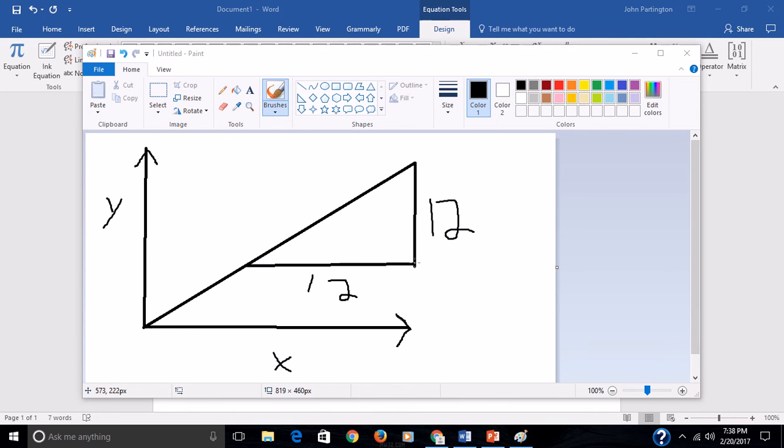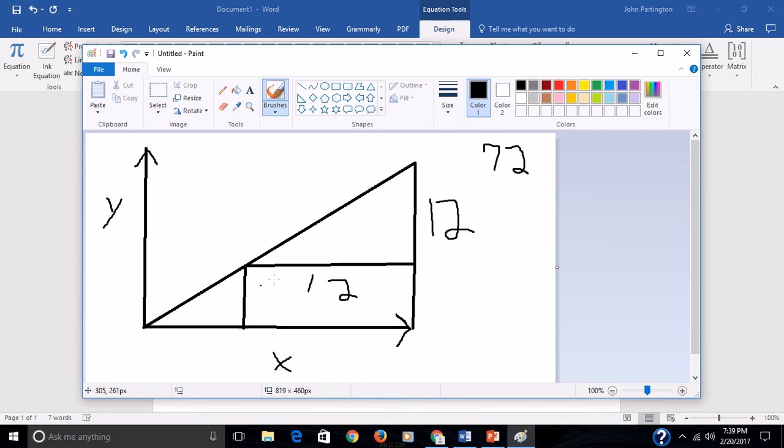But you also have to keep in mind we're going to have this area down here too. So we're going to have this triangle plus this area down here. Let's look at this from a geometric standpoint. We're going to do 1/2 base times height, which gets us 6 times 12, which is 72.